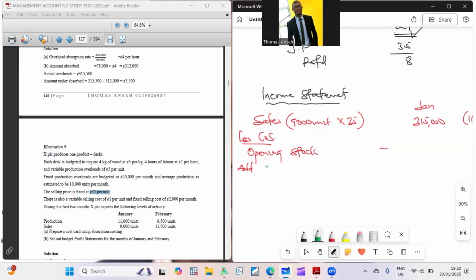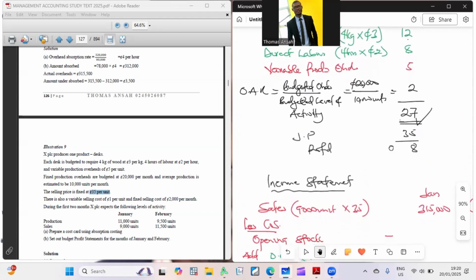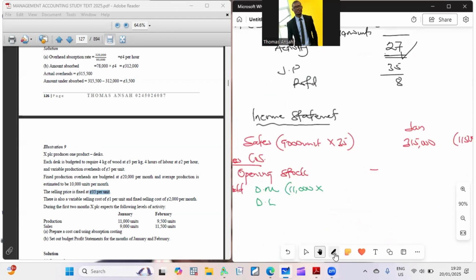So you will need your direct materials, direct labor. And the direct material, how much is it? We produced 11,000 units. And the price of each, what is the material price? We did it here, it is 12. So you put there 12. Then the labor, the same thing.